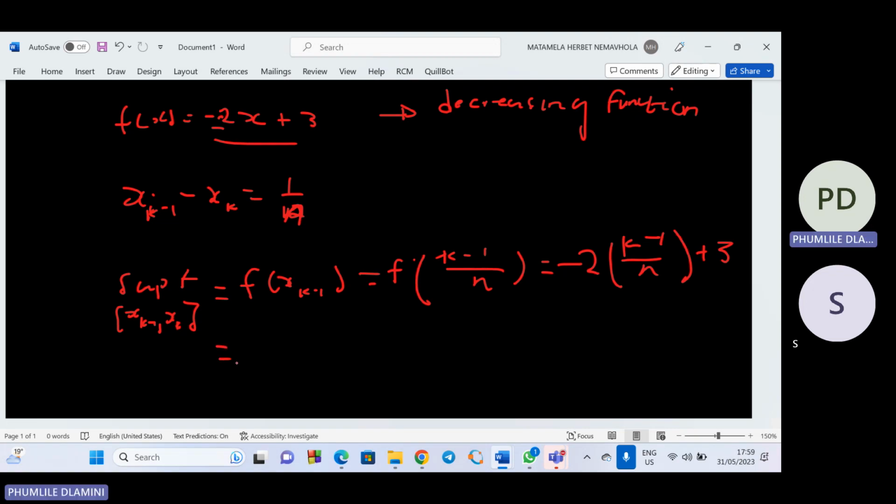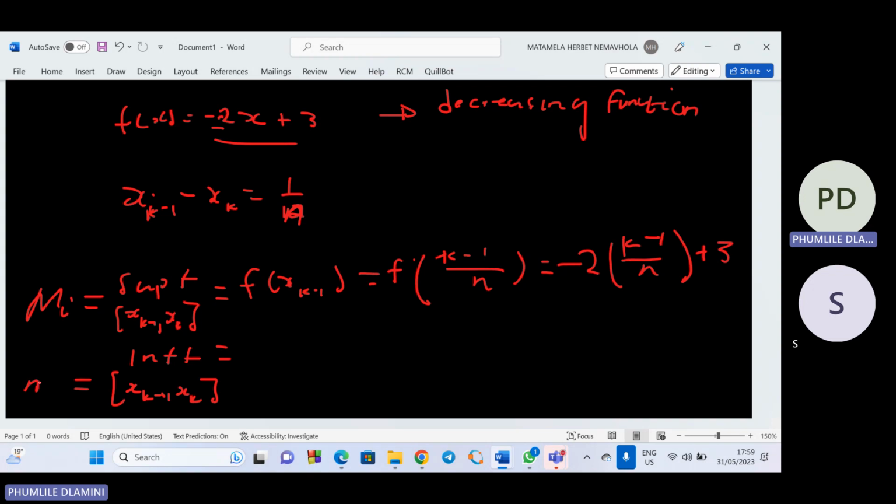You can just leave it as it is for now because we need to get the limits. We're also going to calculate the infimum of f, again on x k minus 1 to xk. Remember, when I'm writing like this, it is the mi.